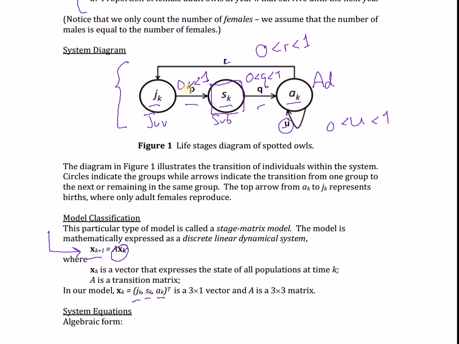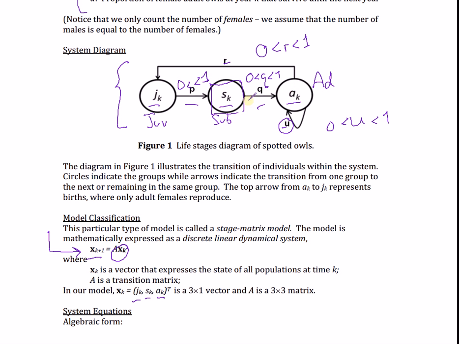Now, this adult category, there are two arrows into it. What does that mean? Some of the adults at time K plus 1 are due to subadults at the previous time, and some are due to adults that survive from the previous time.